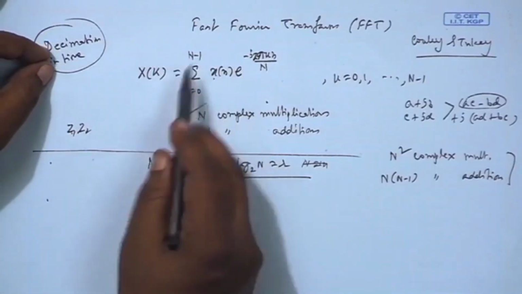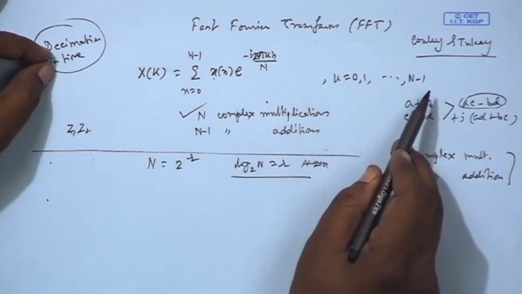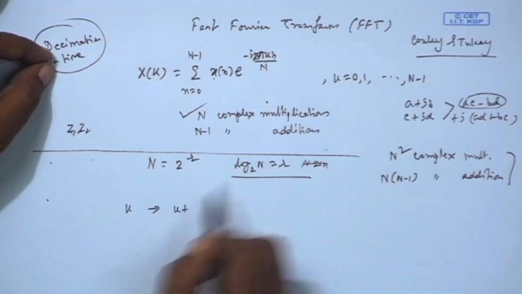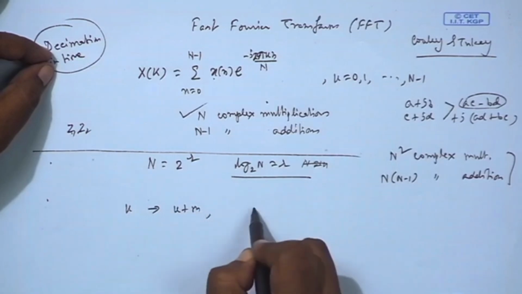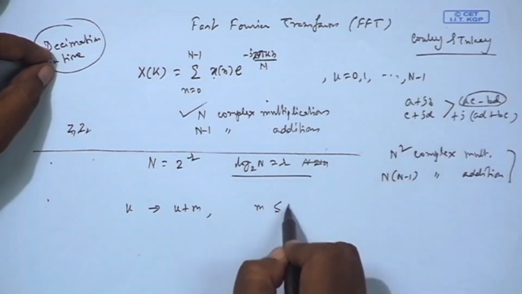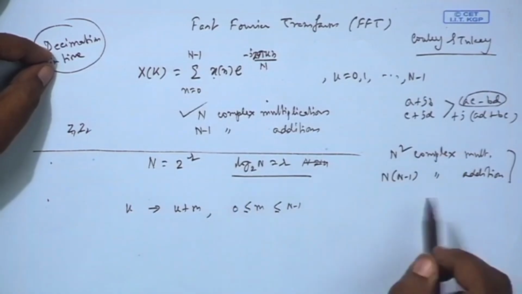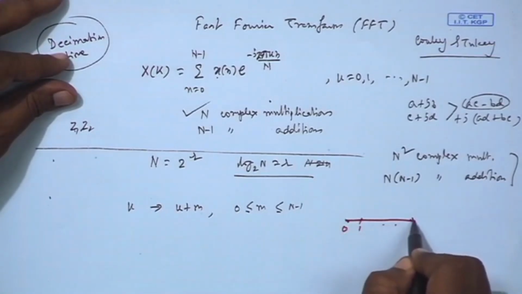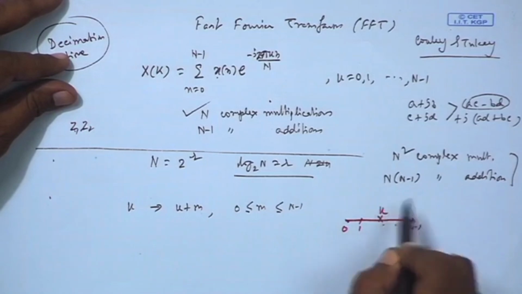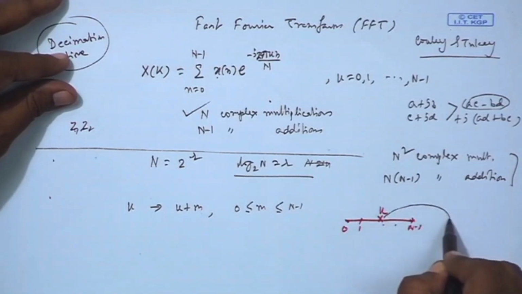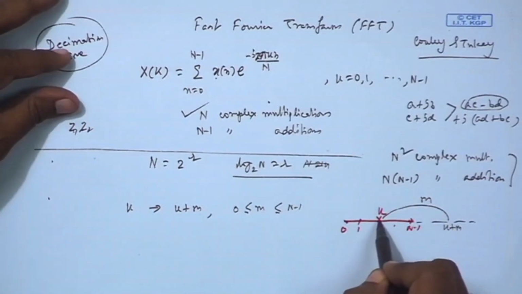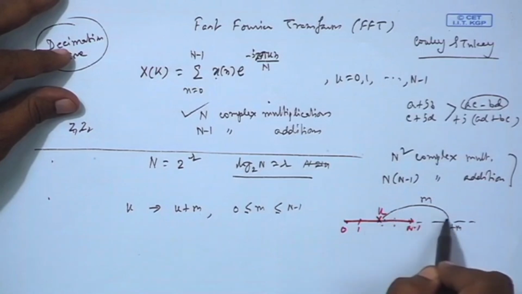Another property: this is X[k], where k is from 0, 1 up to n minus 1. Suppose from k in this range we jump by another small m, where small m is between n minus 1 and 0. That means we already had the range 0, 1 up to n minus 1, k could be somewhere here, and from here we jump by m. So it is k plus m. You have k, then k plus 1, k plus 2, then you cross to this side.